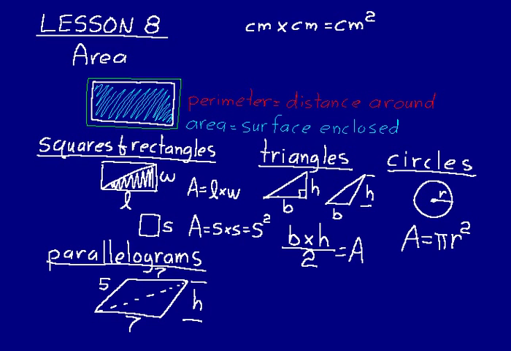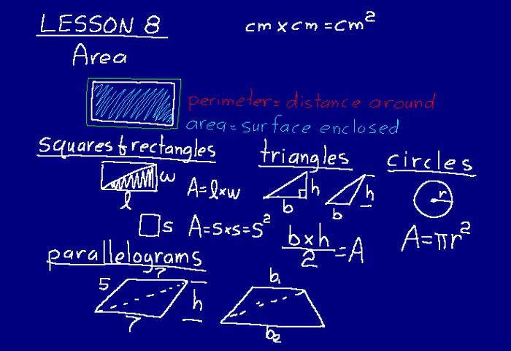A trapezoid, however, you can do the same thing in splitting it down the middle to make 2 triangles, but one of them, we'll call this B1, that'll be B1 or base 1, and this will be B2 or base 2. So you have 2 triangles with different areas when you do a trapezoid.